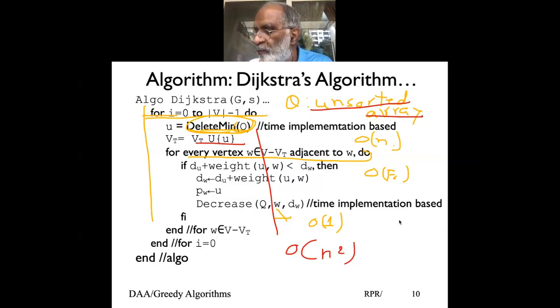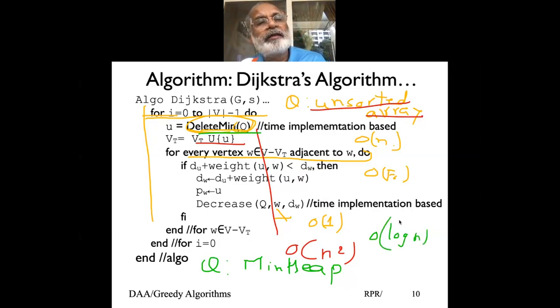If, however, I maintain Q as a min heap, that's what we discussed two lectures ago. Now, find min is order 1, but delete min, because it has to adjust, takes order log n time.